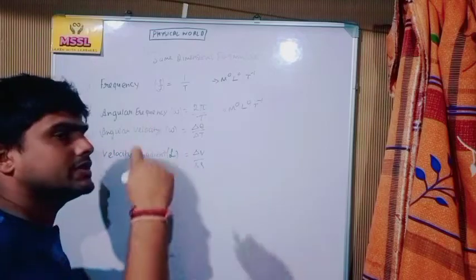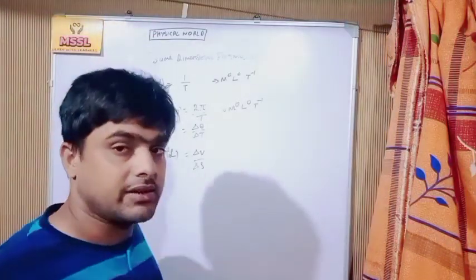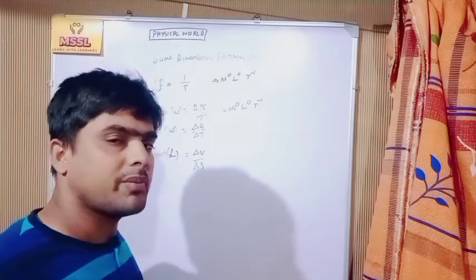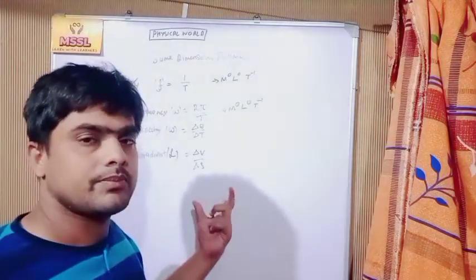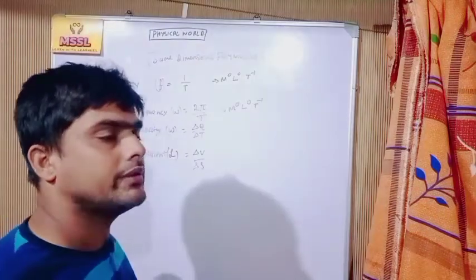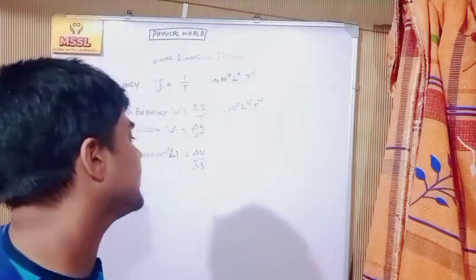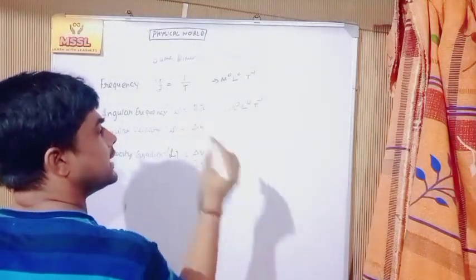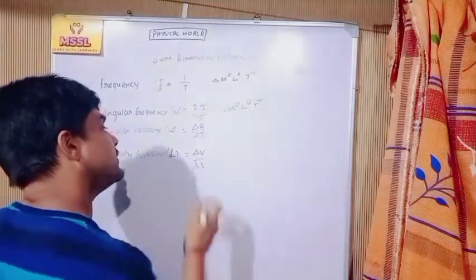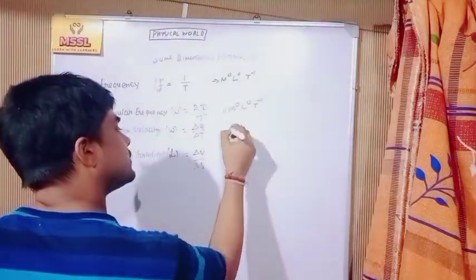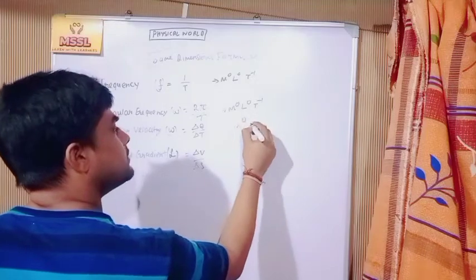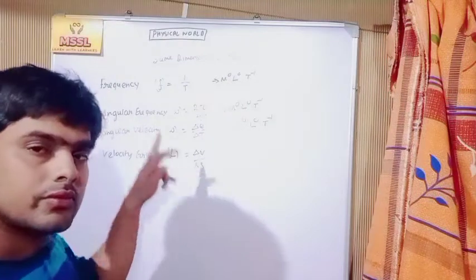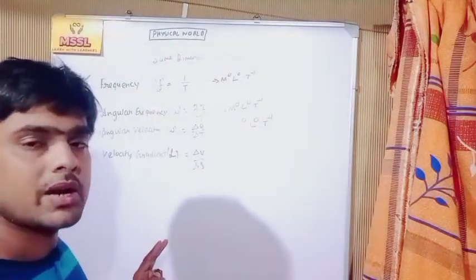Because angular velocity makes an angle along a circular path, some particular angle like 30, 40, 60, and so on. The unit of del theta is dimensionless, so we have the T only. For this one also we can write M0, L0, and T minus 1. Are you fine with this which I am writing?